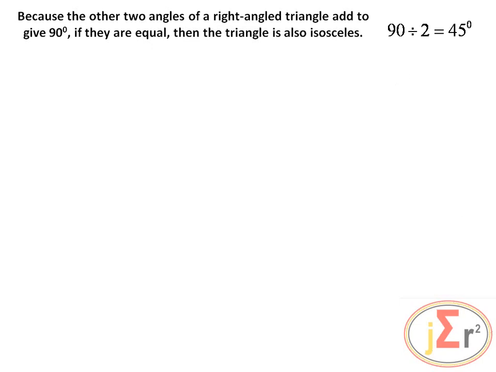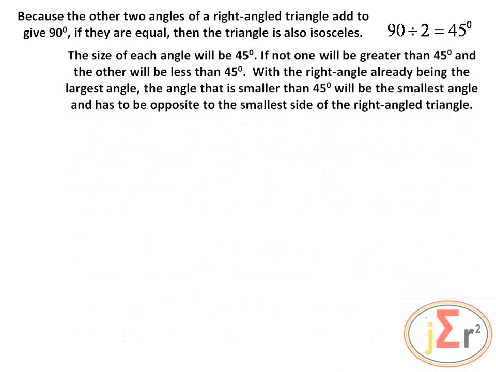Therefore, each angle will be half of 90, because the remaining 90 degrees will be shared equally between the other two angles. So each one will be 45 degrees. The size of each angle will be 45 degrees.